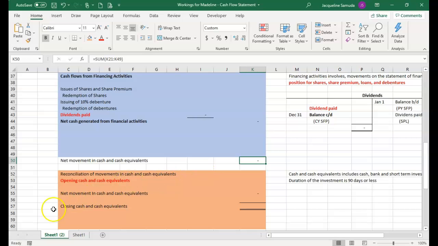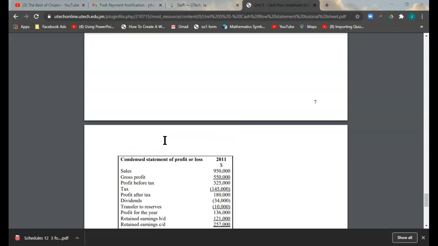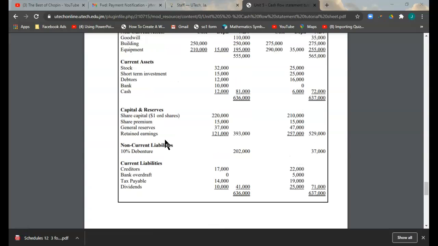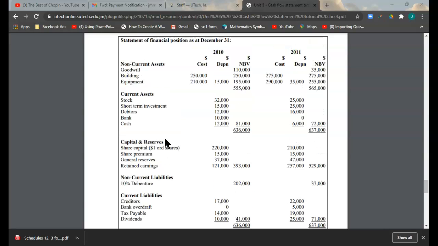Okay? So here we are back on the question. Now what we're trying to see is what's the data for the cash and cash equivalents. Now, as I said earlier, the cash and cash equivalents will be made up of short-term investments, the bank, and cash.